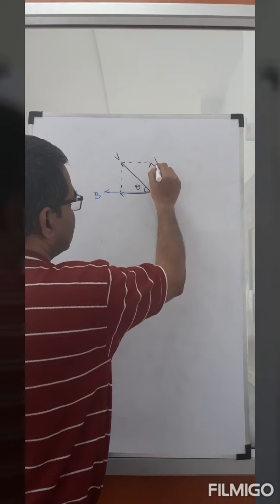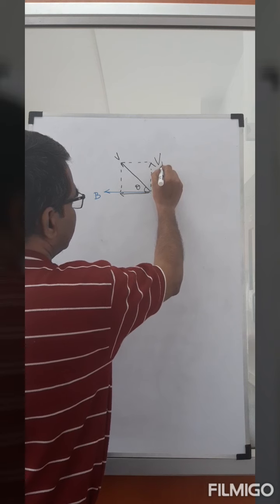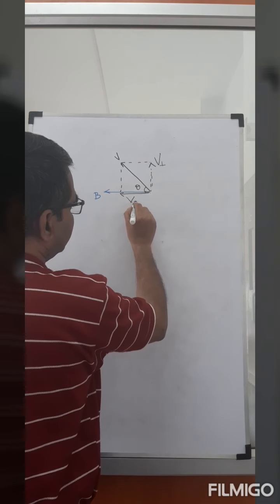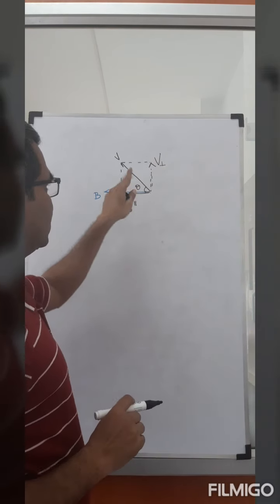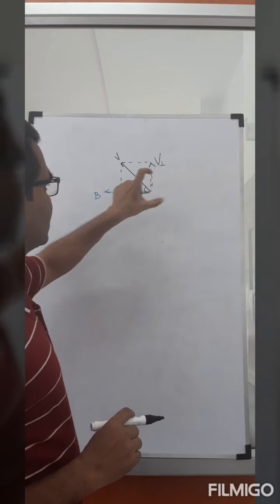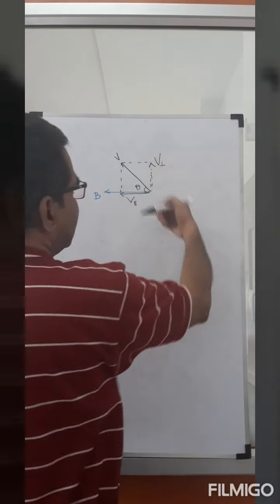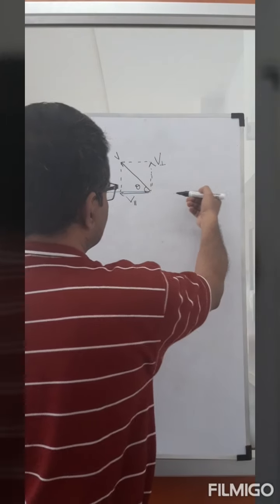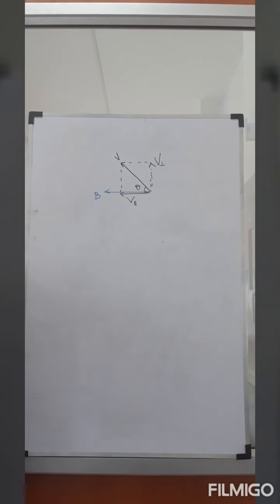I'll say this is the perpendicular component and this is the parallel component. This component is perpendicular to the magnetic field, and this is parallel to it. So this will make the charge go in a circle, and this will push it this way. So it will keep making circles and then it will go like that.